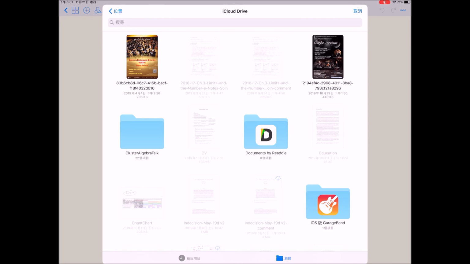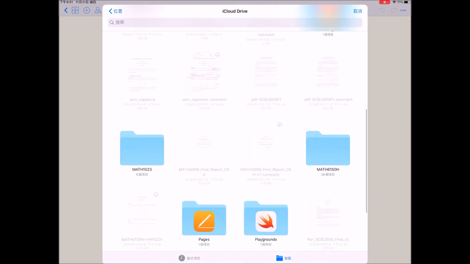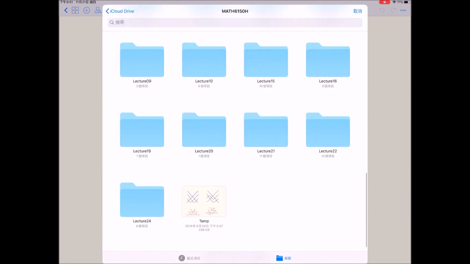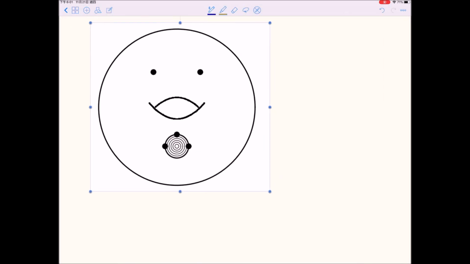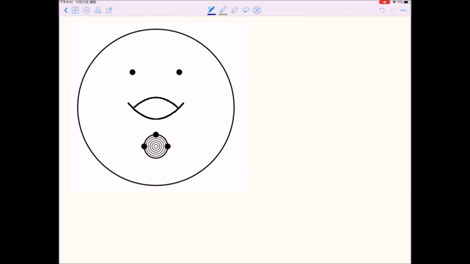So maybe a more elaborate example. Say this picture, this is a torus. So it has two punctures. It has one boundary component.